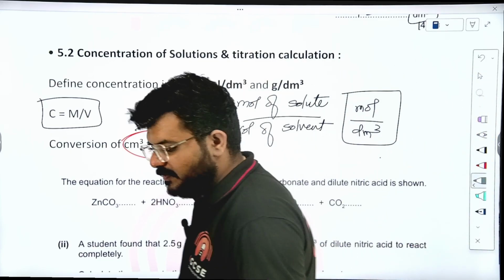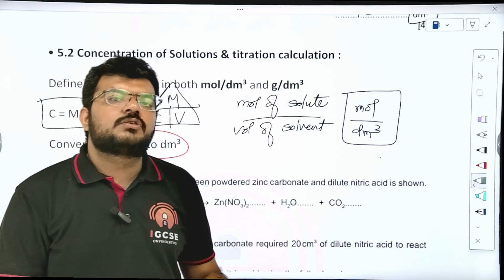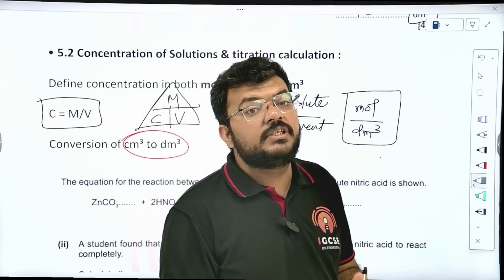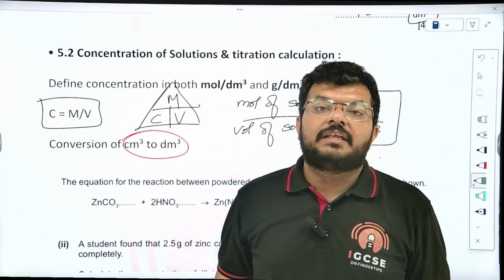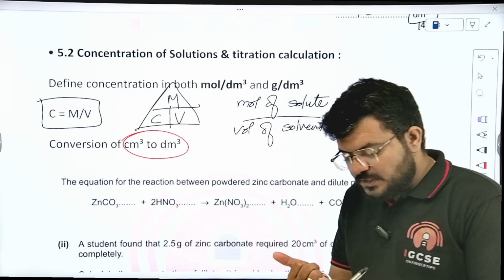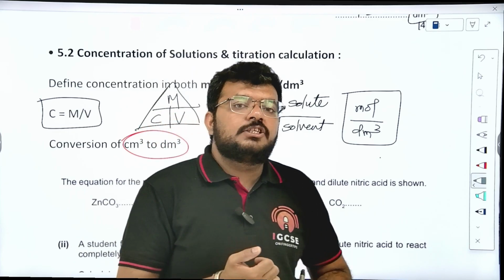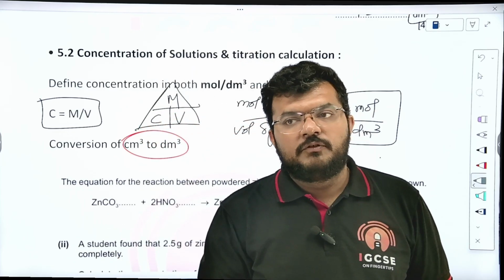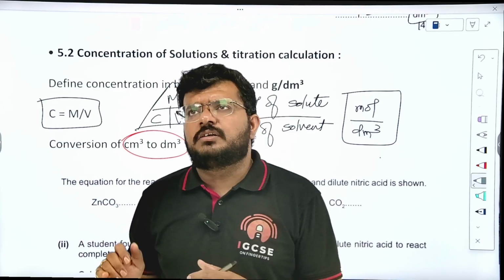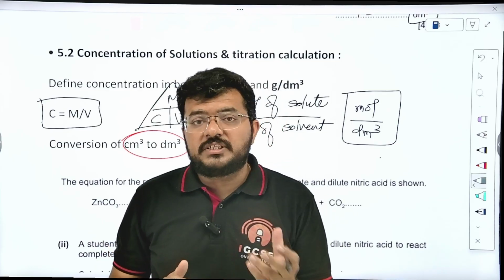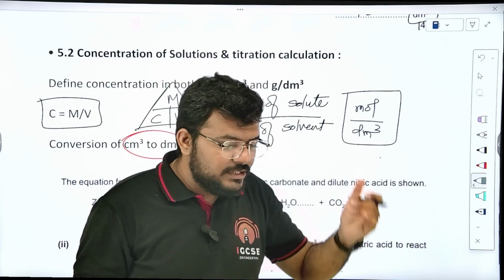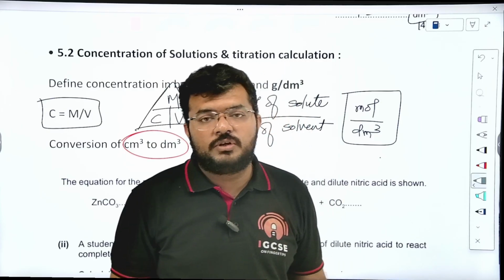What are the states we know? Now that you know that there is concentration, the states we also know is aqueous, meaning something that is dissolved, right? So we have solid, liquid, gases and aqueous. The ones that are solid, you can find out from your textbook in, I think, the chapter on how salts are made. In that, there will be a list of salts that are soluble and not soluble.